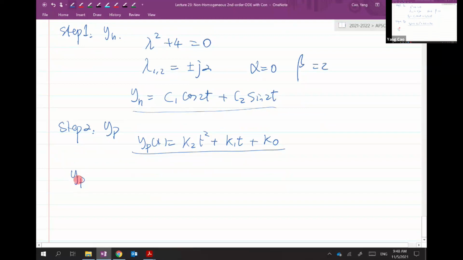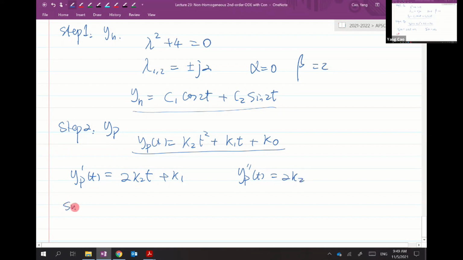First, you calculate the derivative. So we're going to use substitution. We're going to substitute YP back into the second order non-homogeneous equation, because always remember, YP is supposed to be a particular solution. So YP' = 2K2 t + K1. YP'' is equal to 2K2.